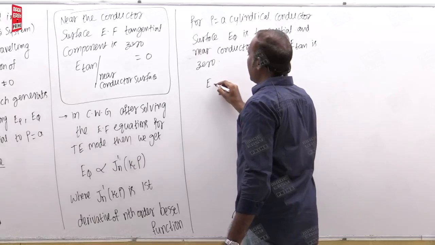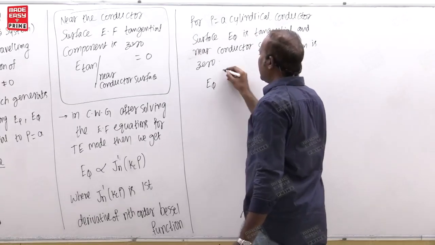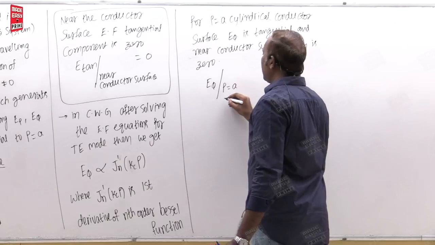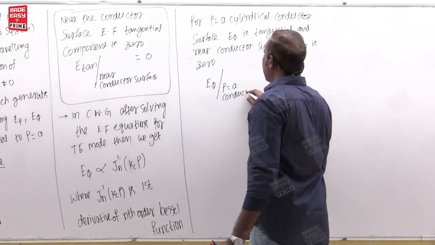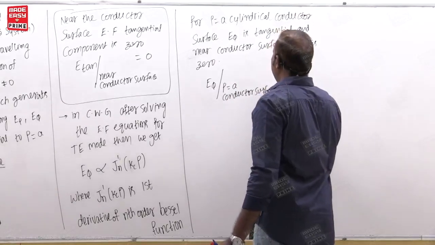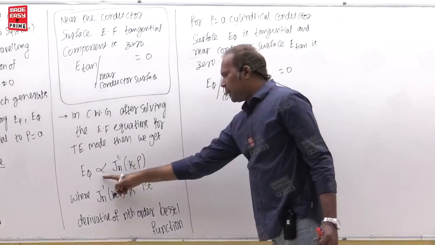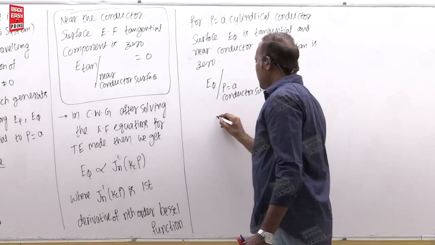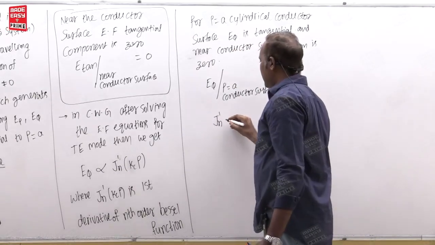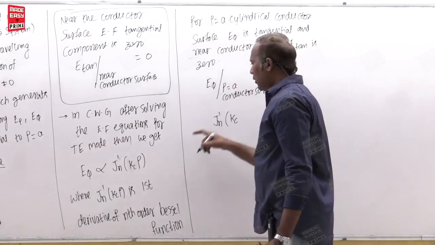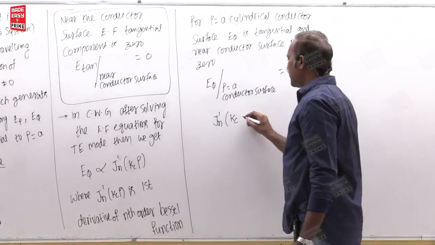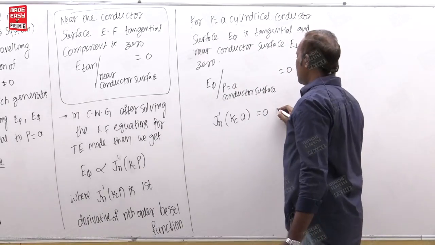That means electric field phi component at rho is equal to a is equal to 0. That means E phi component is proportional to this one after derivations. So Jn dash kc, you have to substitute rho is equal to a in this, is equal to 0.